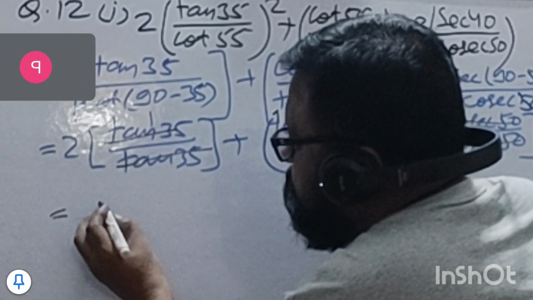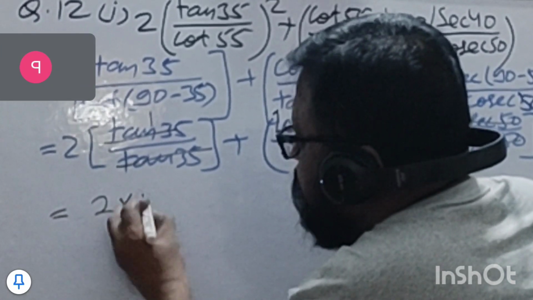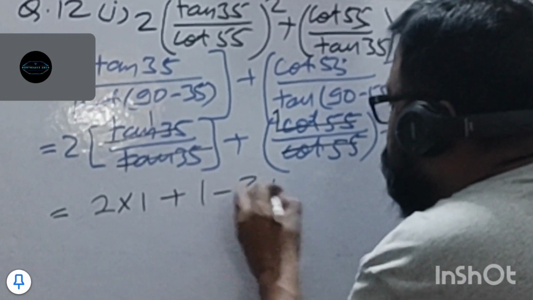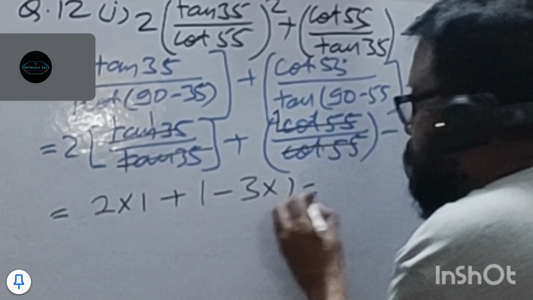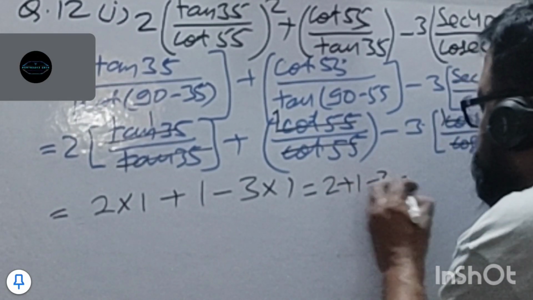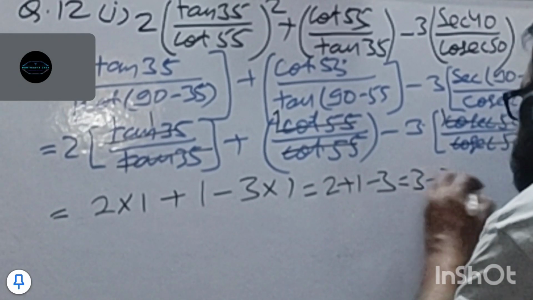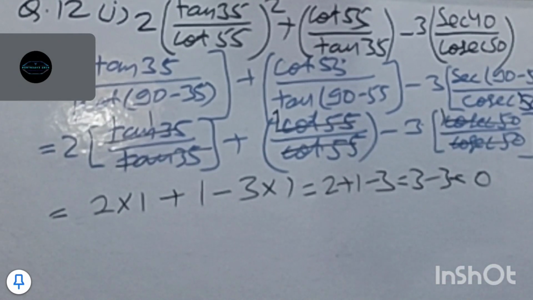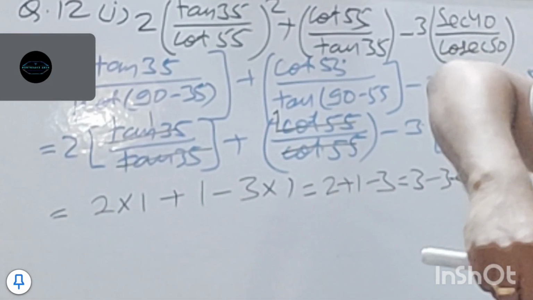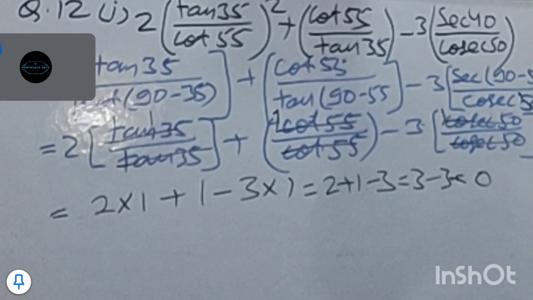So it becomes 2 plus 1 minus 3, that is 3 minus 3, equal to 0. So this is 0. This was question number 12, part 1.